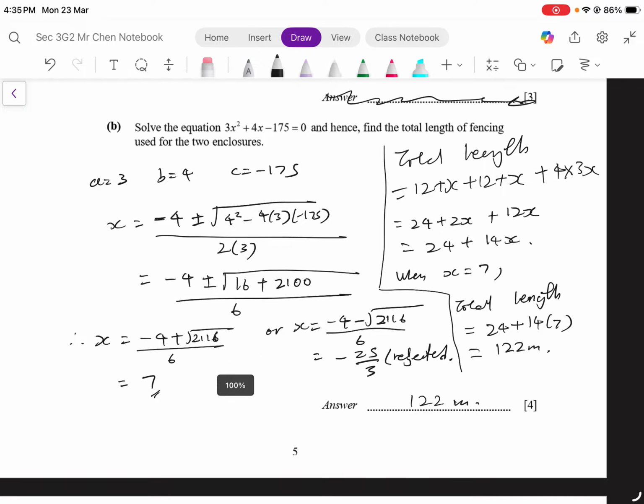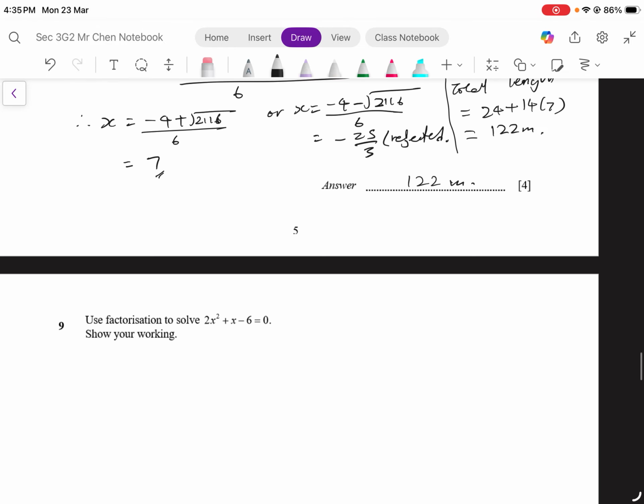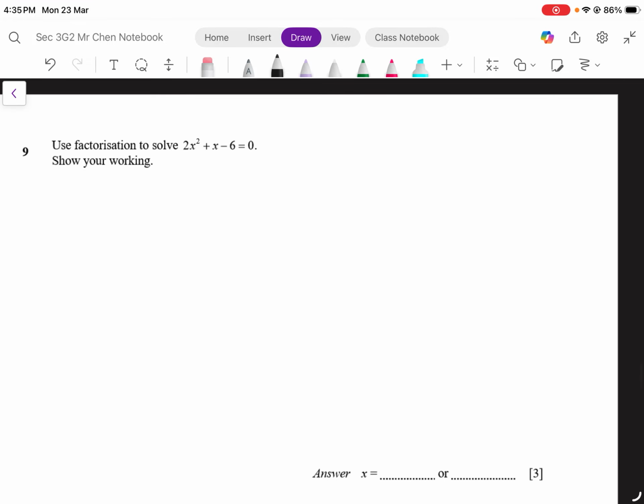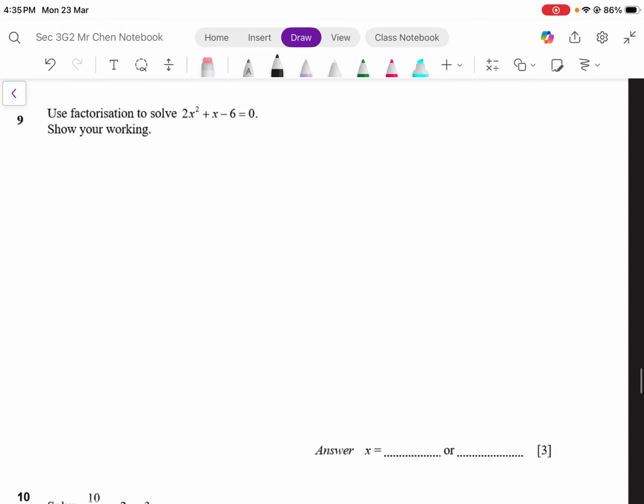With that done, let's move on. The last two questions. Now use factorization to solve 2x squared plus x minus 6. Factorization should be easy.